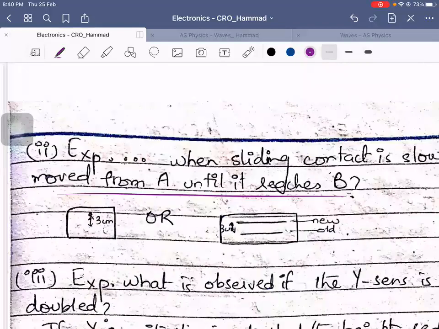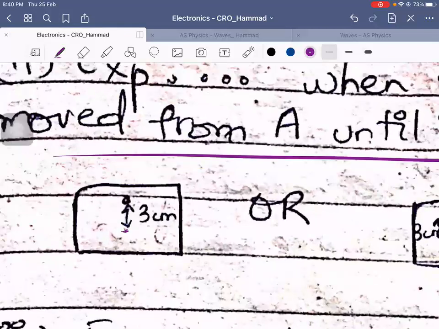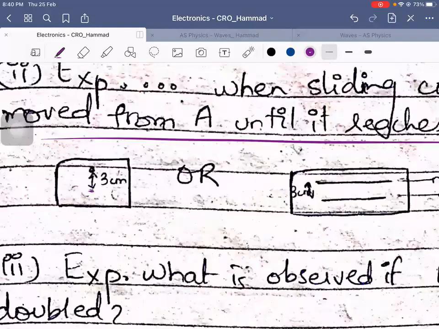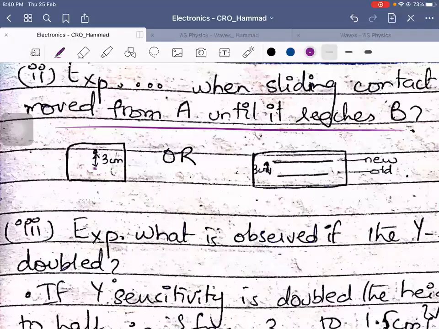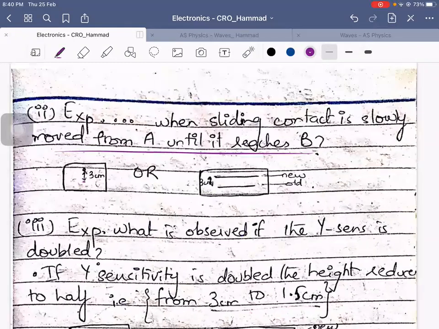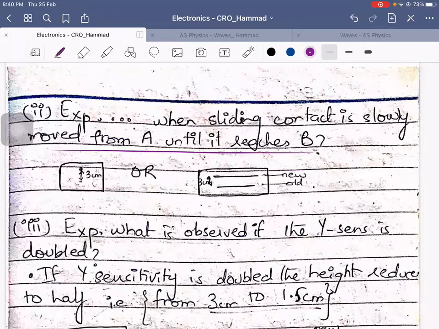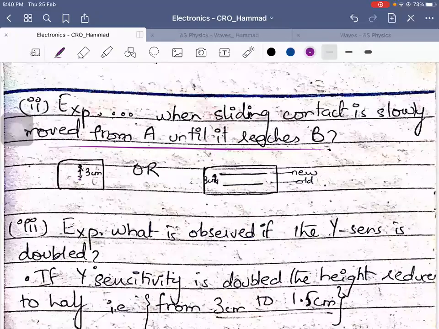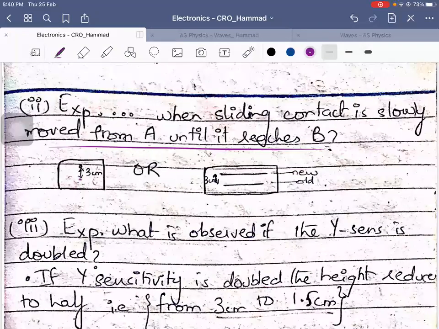So when the X plates are off, you see a jump. When the X plates are on, you see a horizontal line. And let's say explain what is observed if the Y sensitivity is doubled. Doubling the Y sensitivity would decrease its jump value.